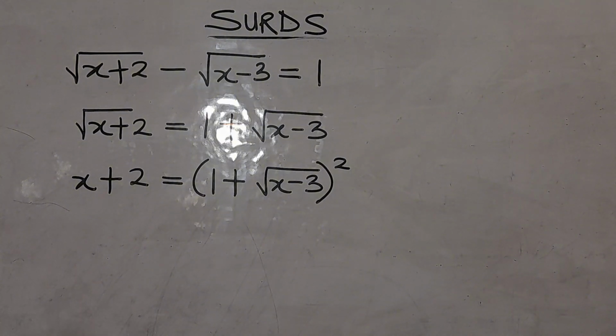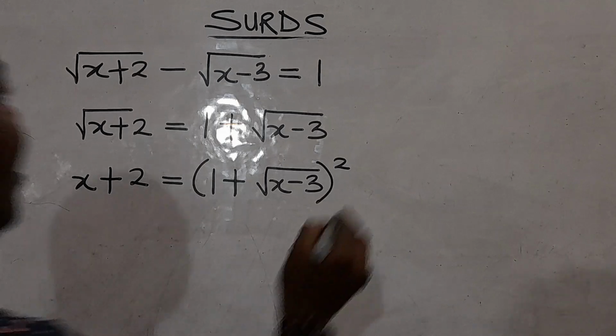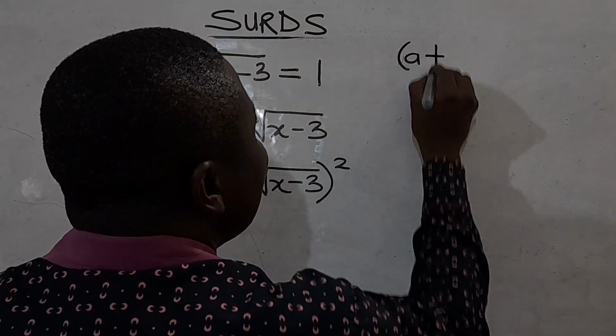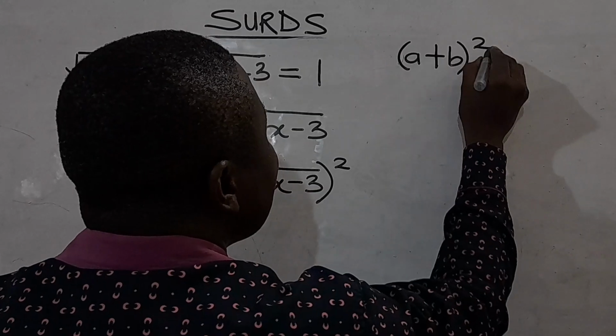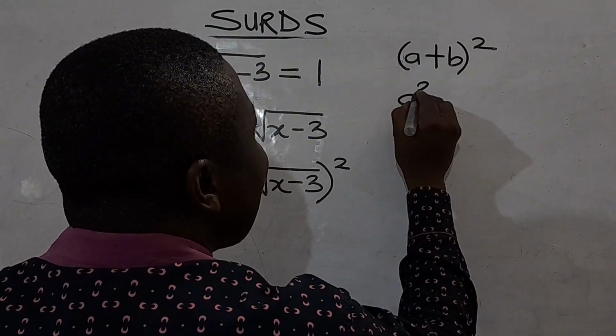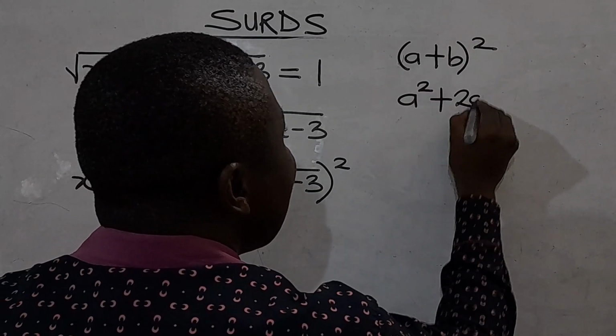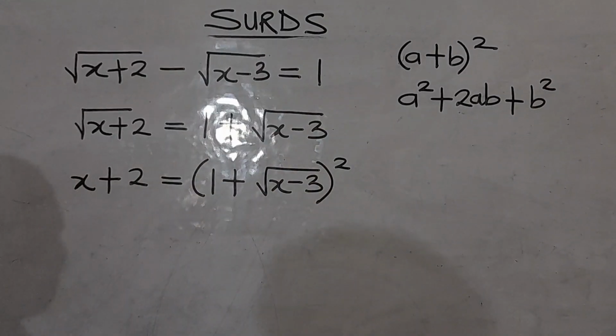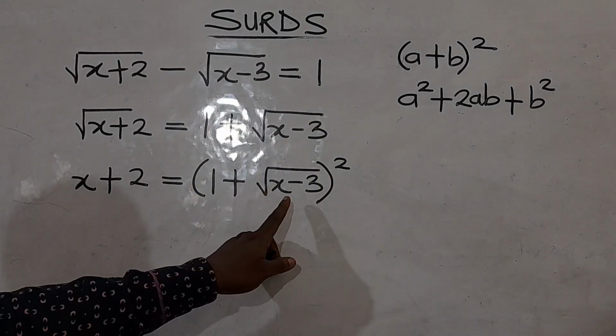Now, remember, a plus b all squared would be a squared plus 2ab plus b squared. So I will also use that here.